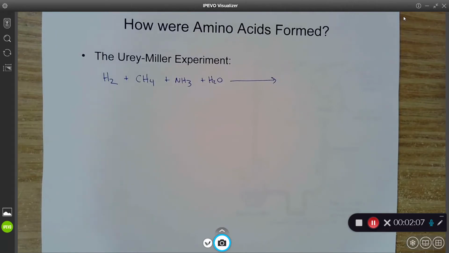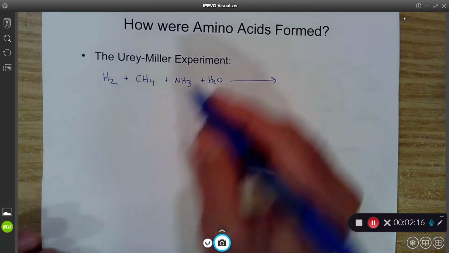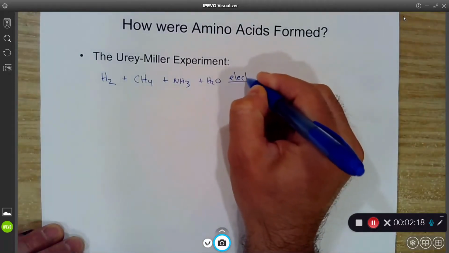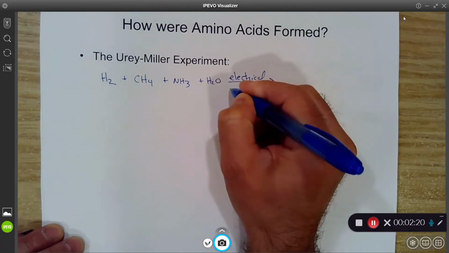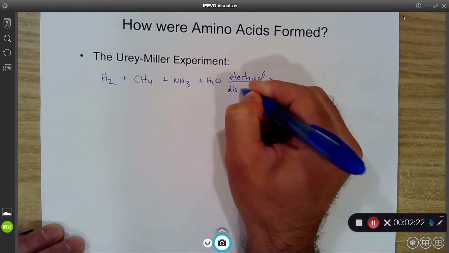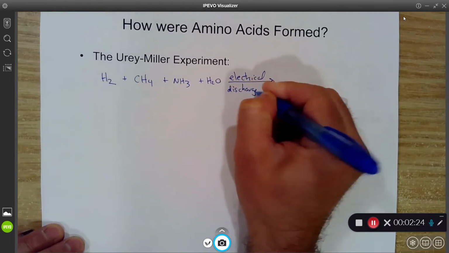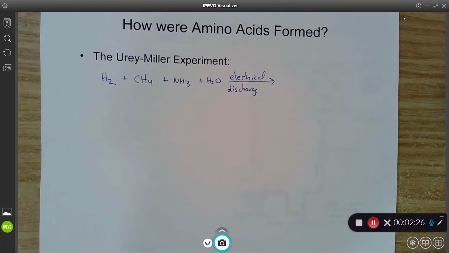However, if you think of the environment and you think of the universe or even think of planets, there would have been moments of electrical discharge, that is high energy, that may have arisen as a result of things like lightning, high kinetic energy from meteorites moving through the solar system and impacting and touching each other.